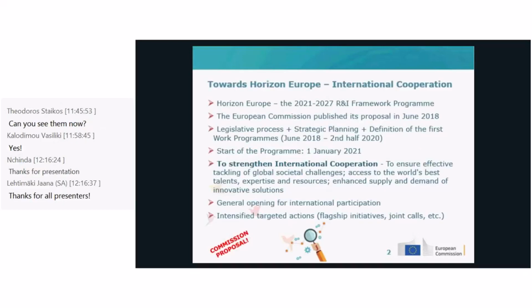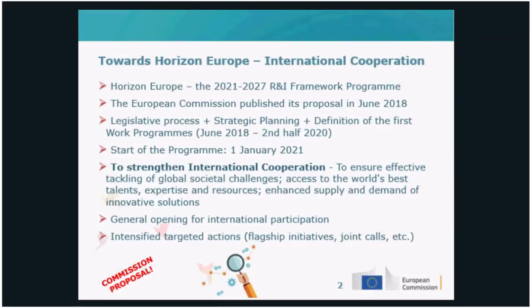Discussions about Horizon Europe are still going on. Nothing has been settled yet. Horizon Europe will cover a period from 2021 up to 2027. And it has a proposed budget of around 100 billion euros, as it was published last year in the proposal from the European Commission in June 2018.